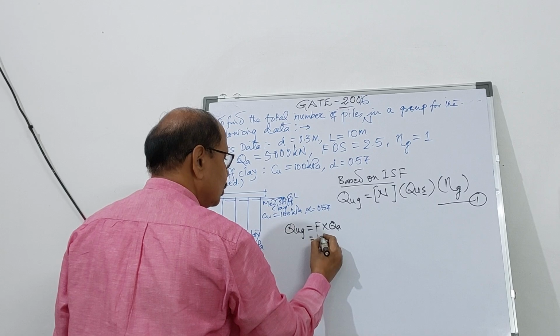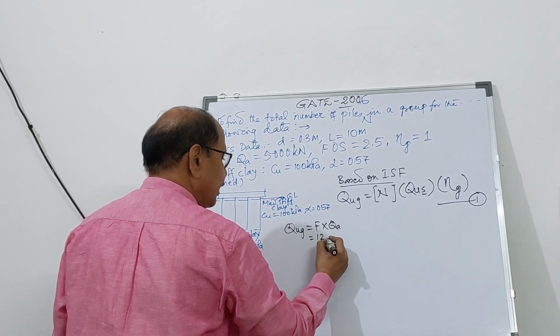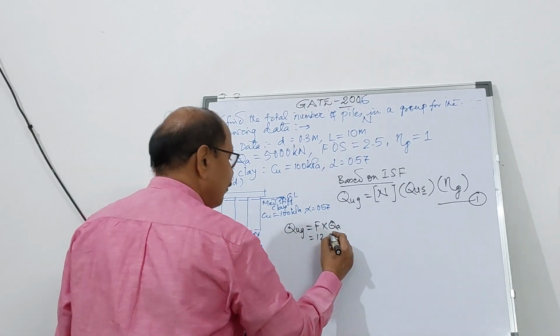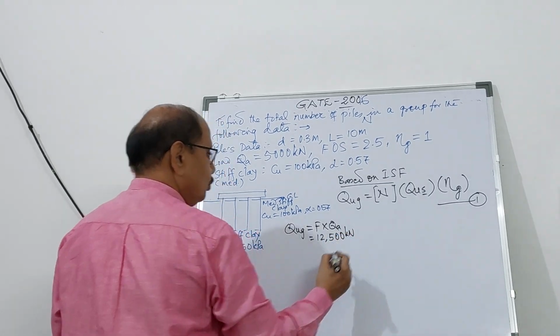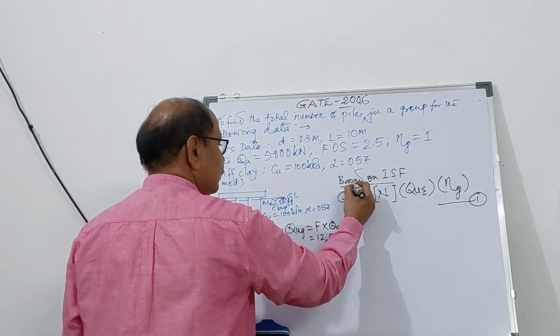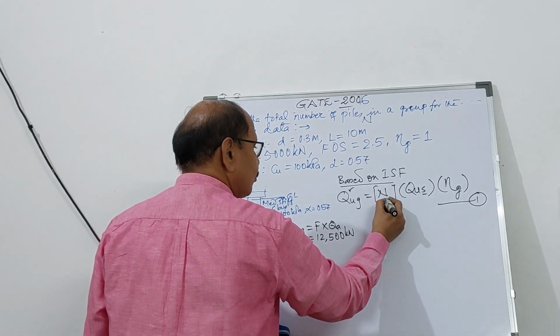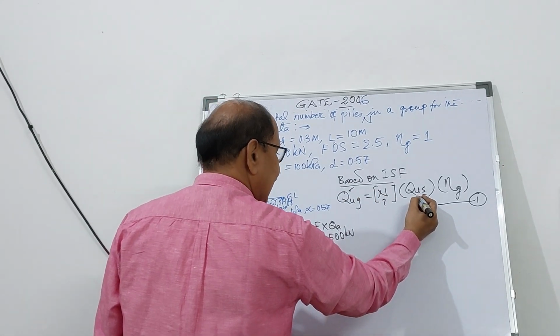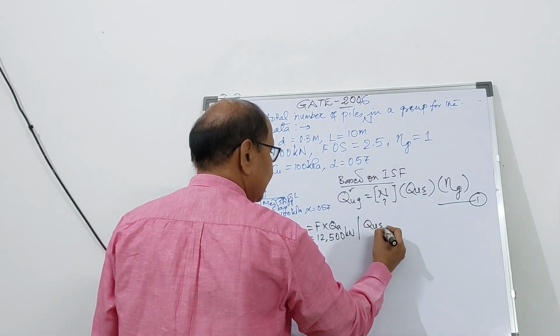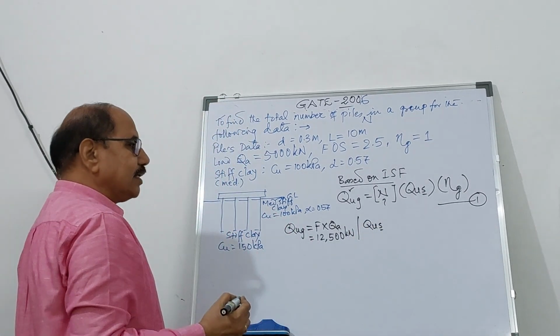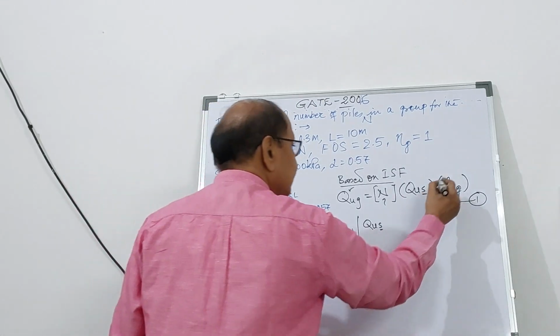So it becomes 5000 multiplied by 2.5, so much kilonewton. This I want to calculate, so please calculate the ultimate load carrying capacity of a single pile.